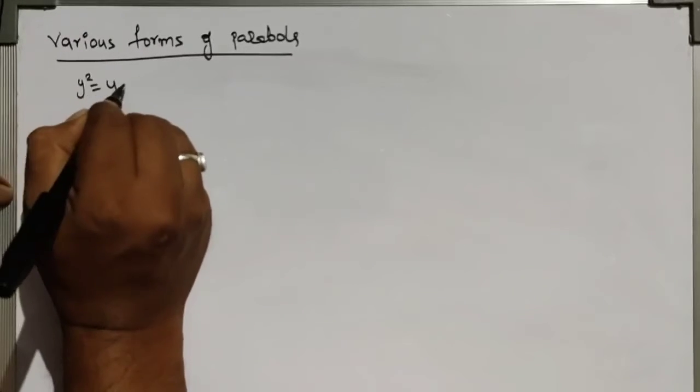Next, various forms of parabola. Till now we have seen the curve y square is equal to 4ax.